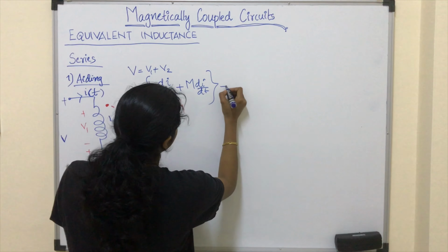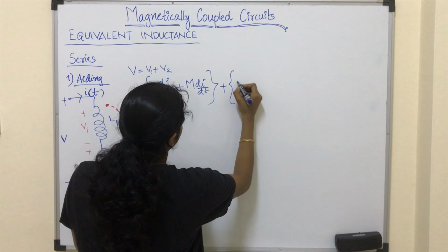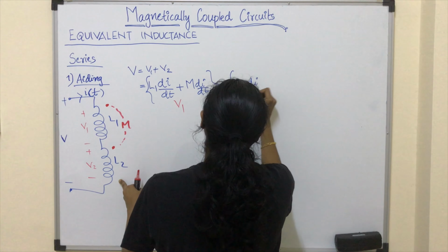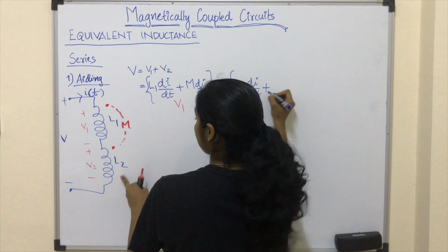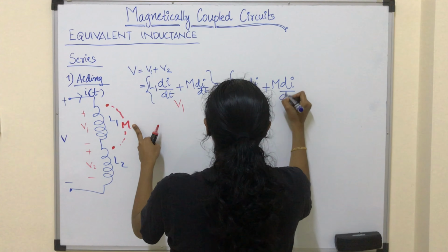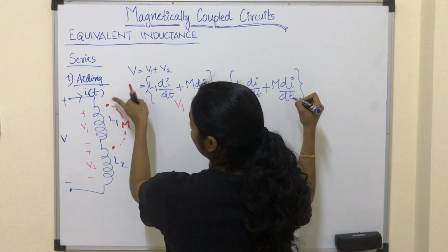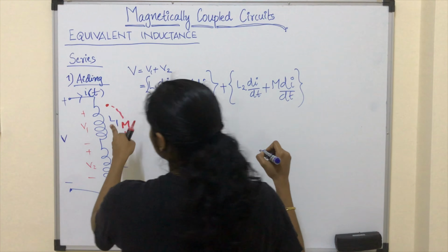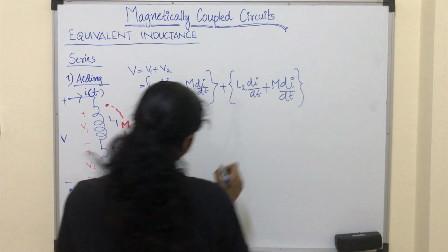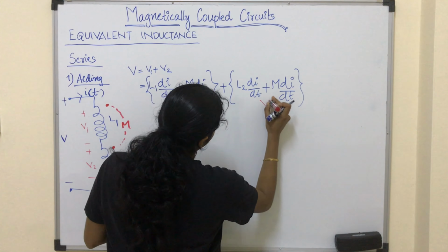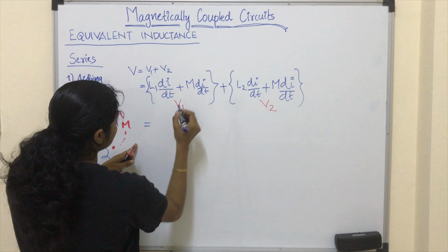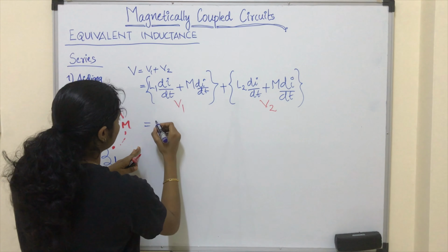And what is V2? V2 is equal to L2 into di by dt plus M into di by dt, the current passing through the other coil. Here the other coil is nothing but L1, but the current is the same. So here also I am considering di alone. Then we can take di by dt as common.